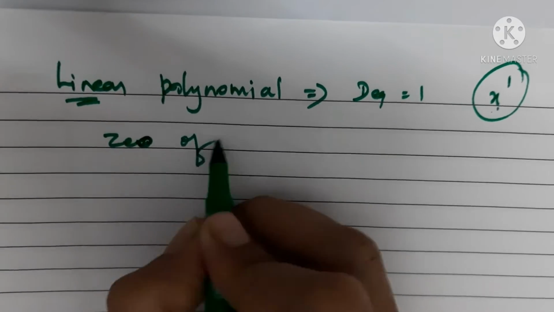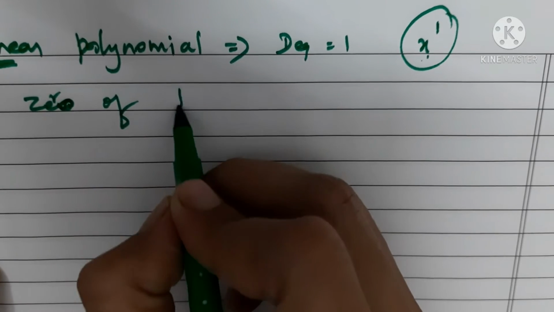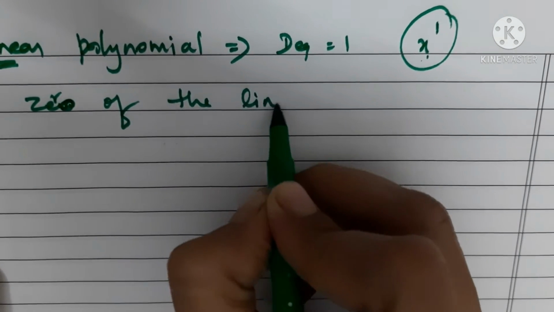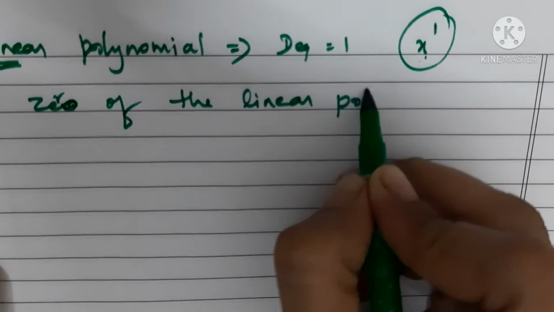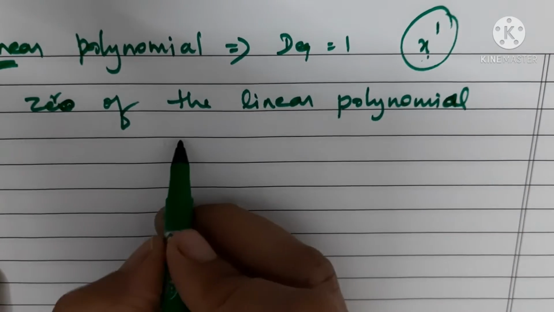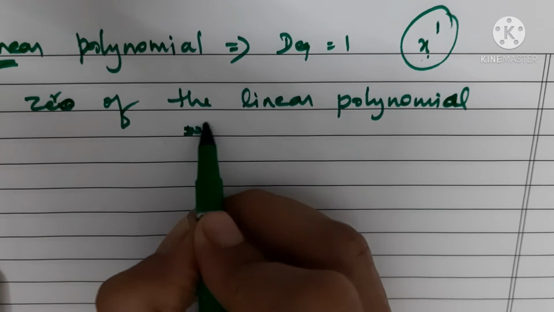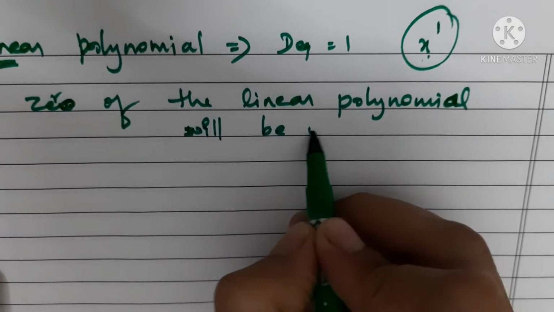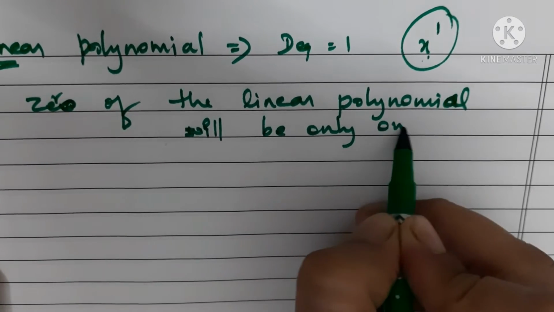The 0 of a linear polynomial will be only 1.